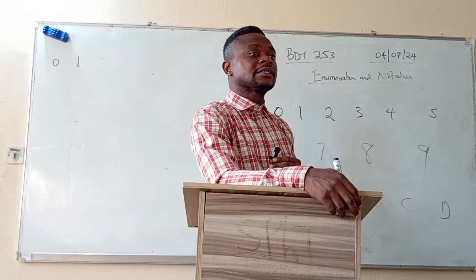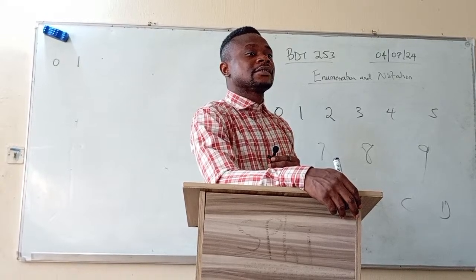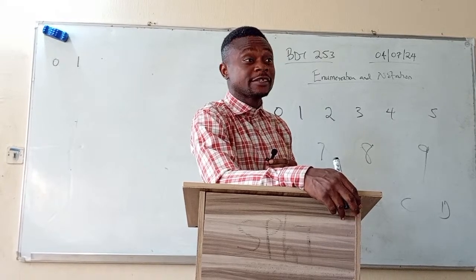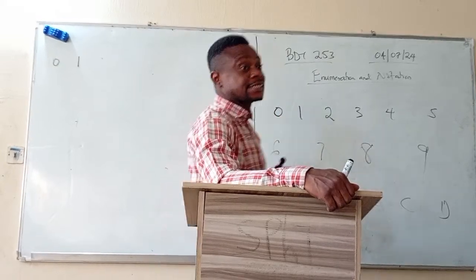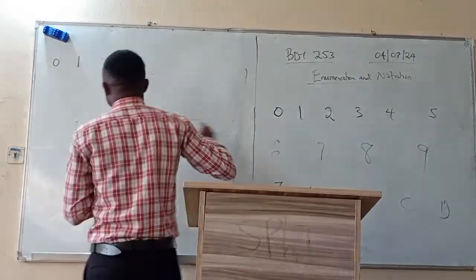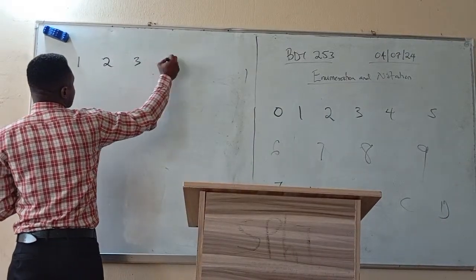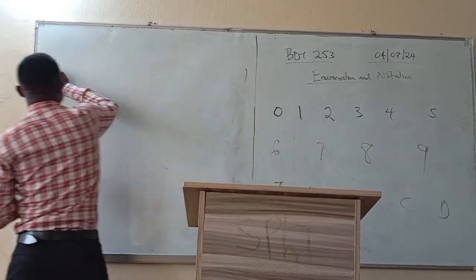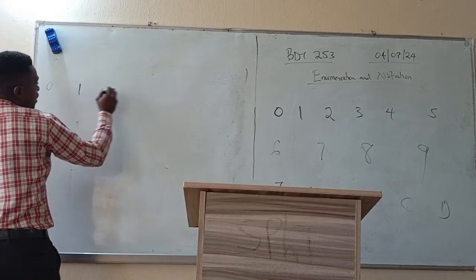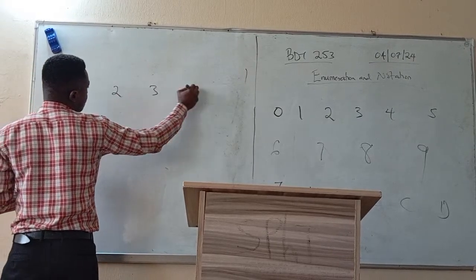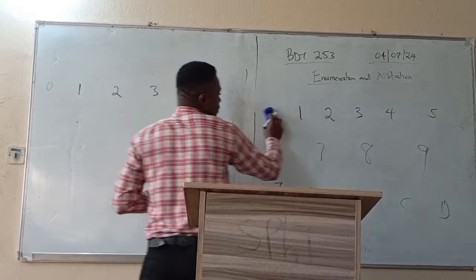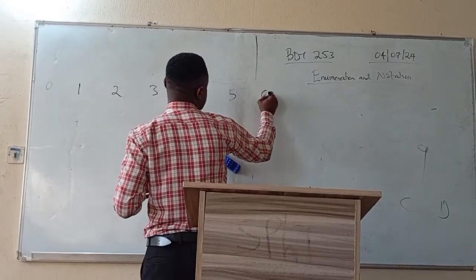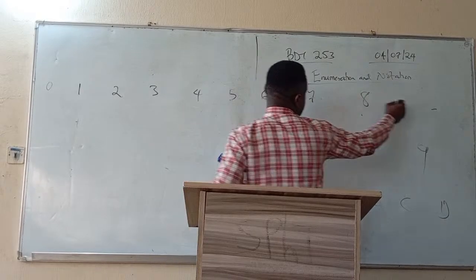Is it whole numbers? So natural numbers start from where? Here, this is 2, right? 3, 4, 5. 1, 2, 3, 4, 5, 6, 7, 8, and 9.